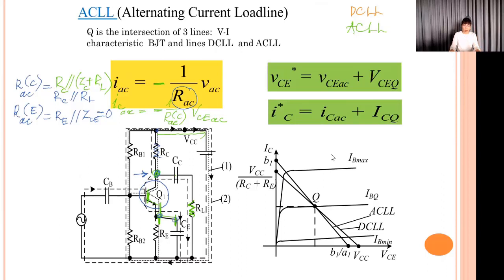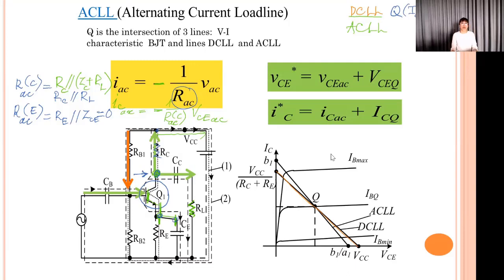The first question is about DCLL, related to the red color. For the Q point and DCLL, you should be able to determine the Q point and DCLL.